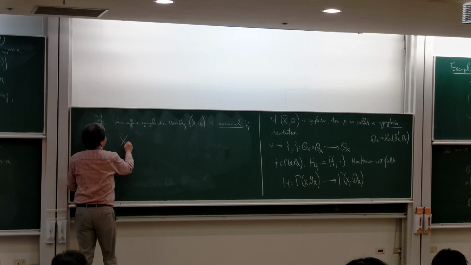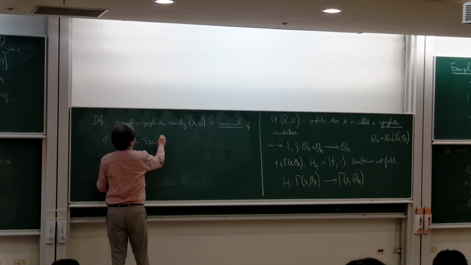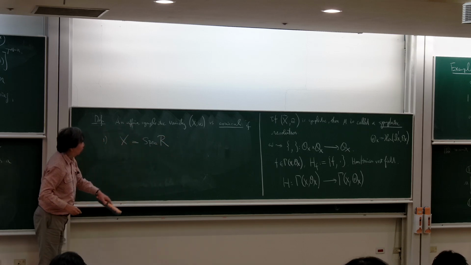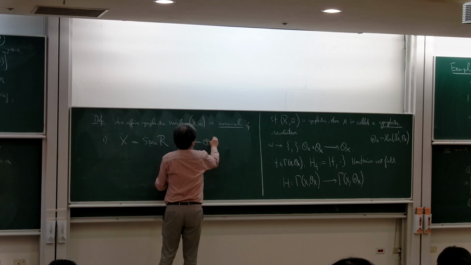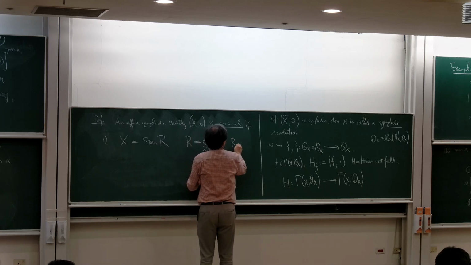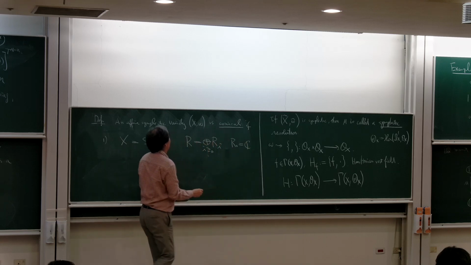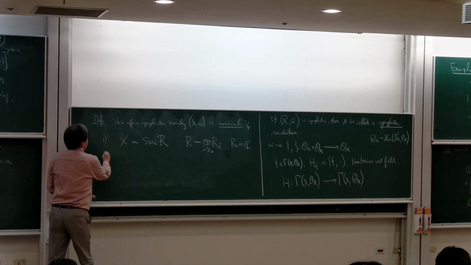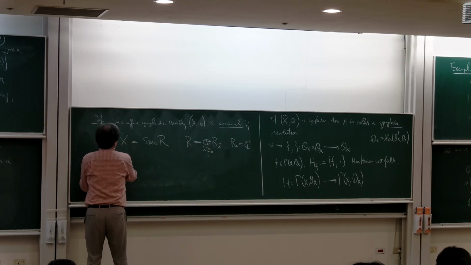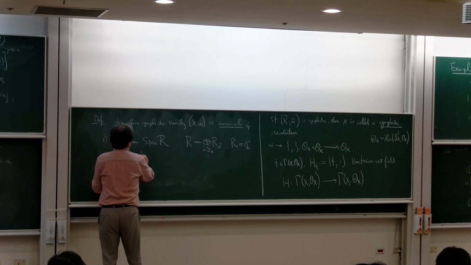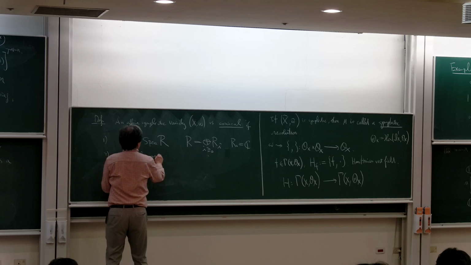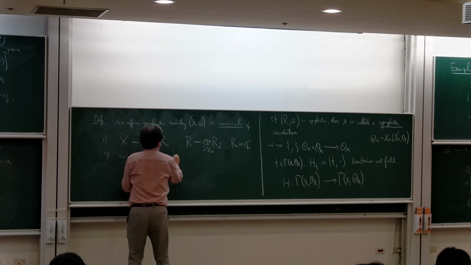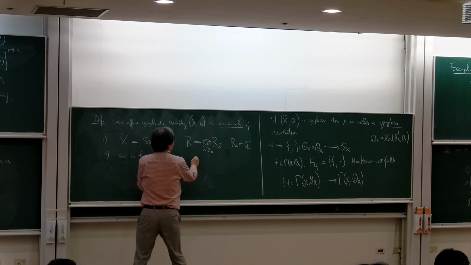That means X can be written as the spectrum of some coordinate ring, and this coordinate ring is positively graded, and the zero part is just the constants. And second, this omega is homogeneous with respect to this C-star action.